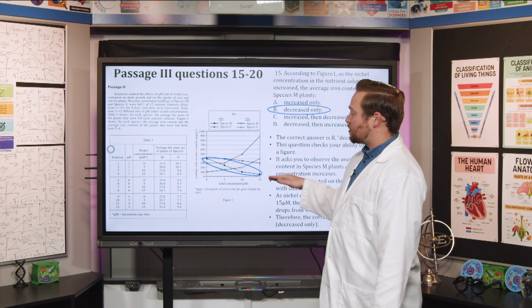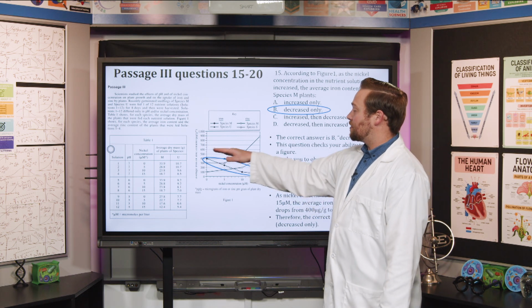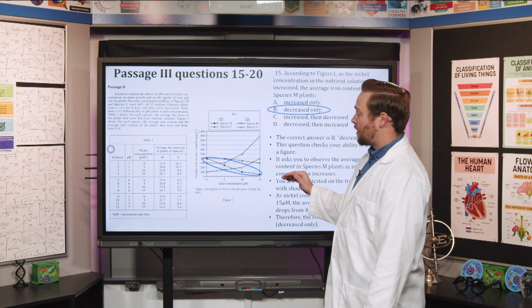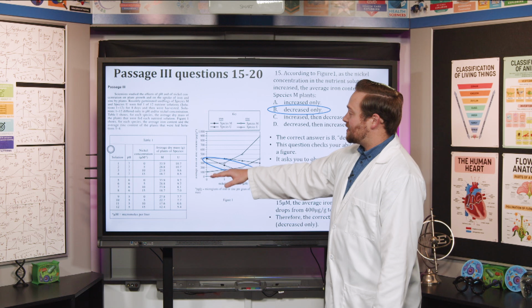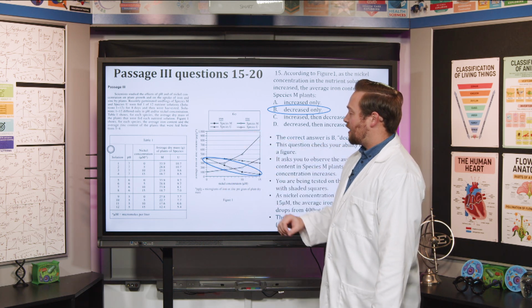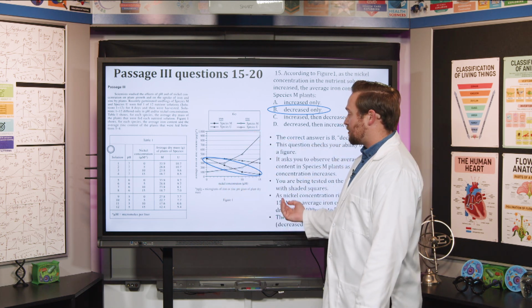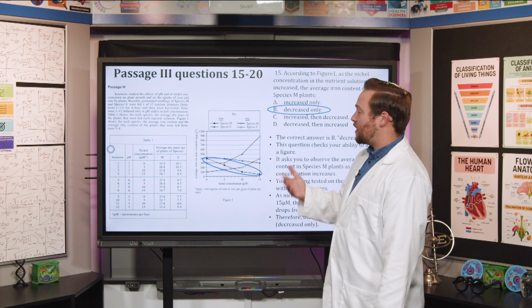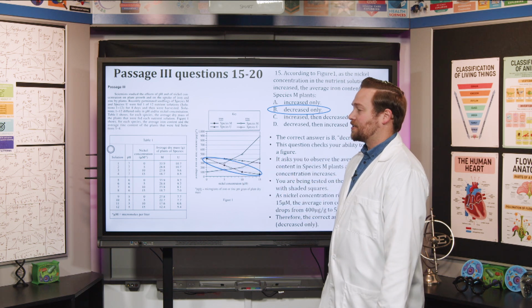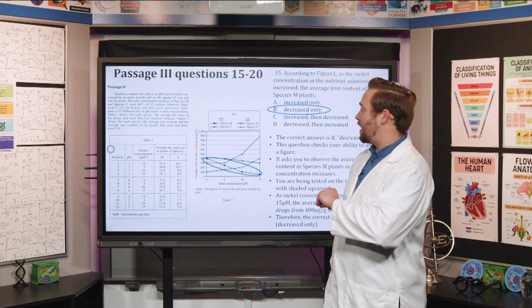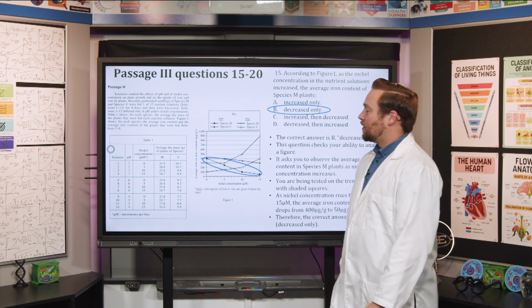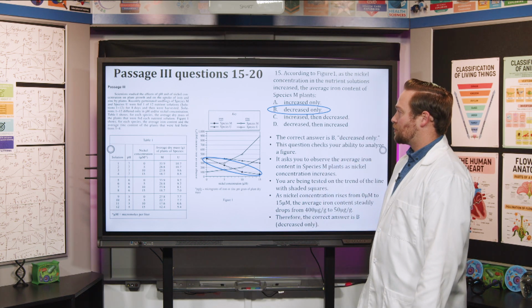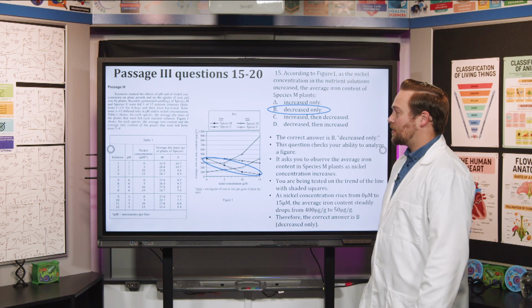It's a downward sloping line, and that means that there is an inverse relationship here, okay? As the nickel concentration goes up, the iron content goes down. It decreased only as we increased nickel concentration. So this is an inverse relationship, and letter B is going to be our best answer choice. Great work. Let's see what the next one says.